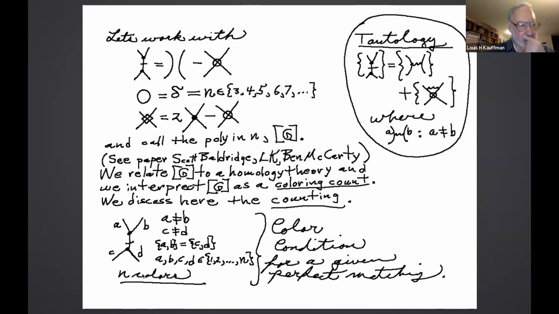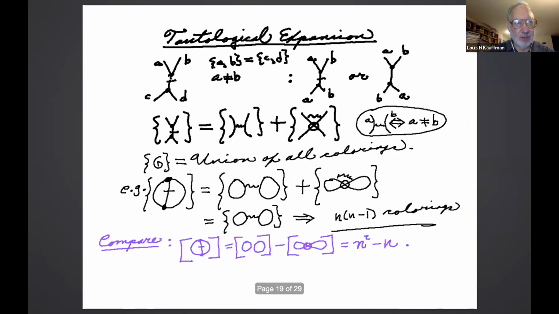And then we're going to see that this counts those colorings on a perfect matching graph. So when we generalize to have the loop value be some n, then it still is counting colorings. It's counting these perfect matching colorings. And we want to see why that is. So here is the basics of this.